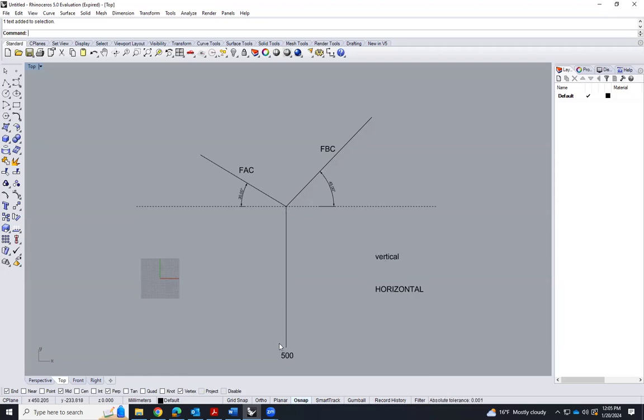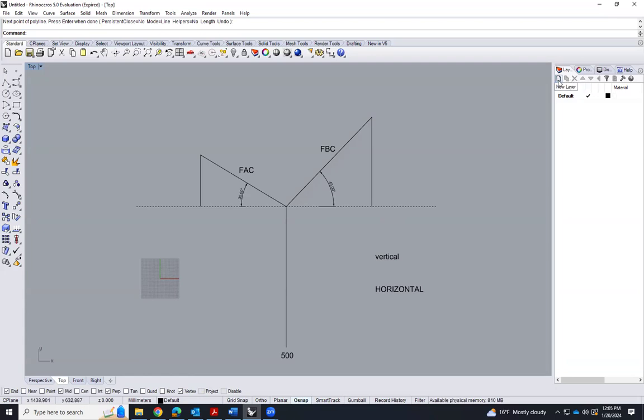We have this 500 newtons going down, and what do we have going up? We have this vertical component of FBC and this vertical component of FAC. So I'm going to try to do it like this.